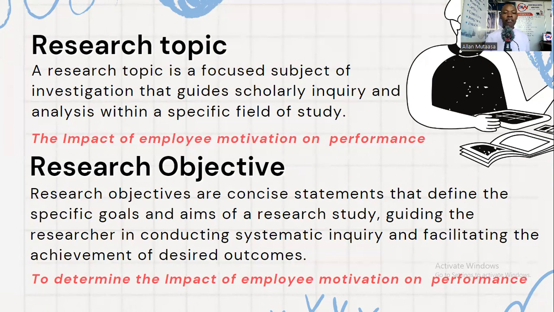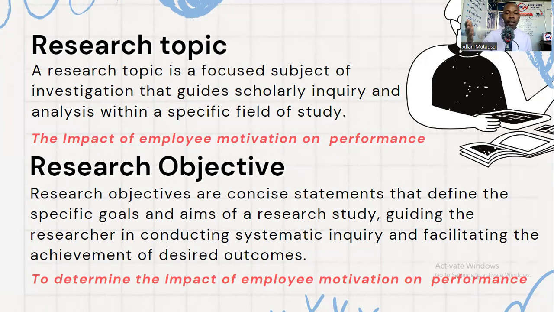A research objective will go ahead and become very specific on what we want to find out. In research objectives, there are two types. We have what we call a general objective, and the general objective is always derived from the topic. So if the topic is the impact of employee motivation on performance, our general objective will be to determine the impact of employee motivation on performance.